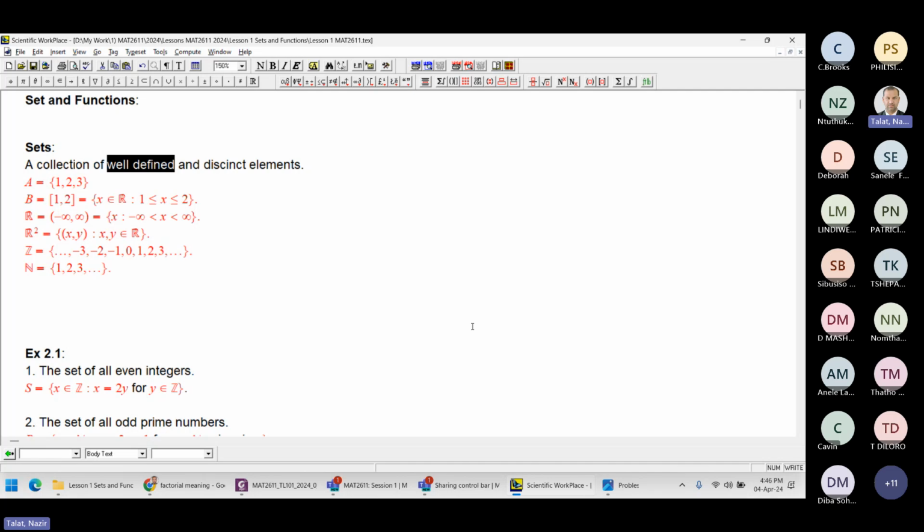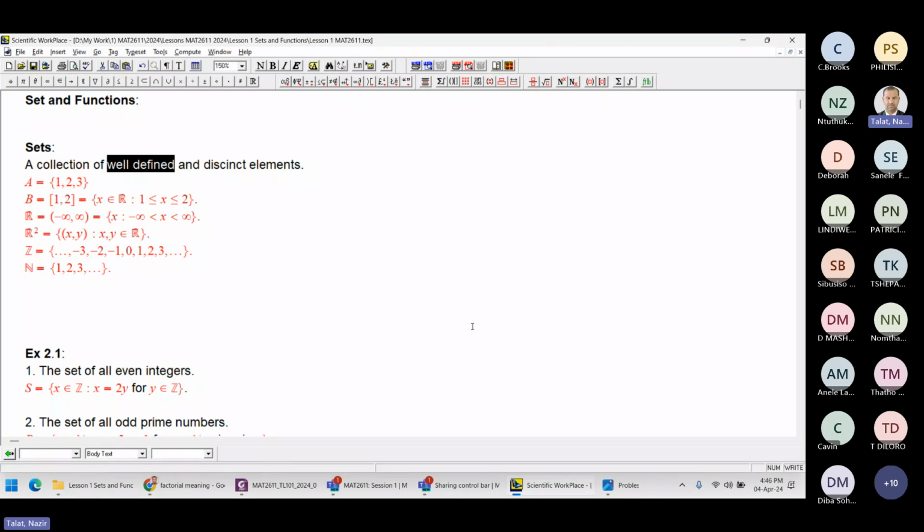Suppose we include in the list some students about whom we are doubtful, like maybe student X is enrolled or not, Y is enrolled or not. If we still include them in that collection, then that collection is just a collection, but not a set, because the elements are not well-defined. We are not sure whether these are part of the set or not.